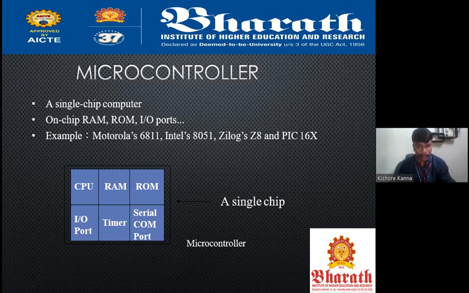Here also the CPU will be connected with RAM, ROM, input output, timer, and serial com port. According to the function of the microprocessor, the microcontroller will be acting and providing the instruction to produce the output without any bug or delay.